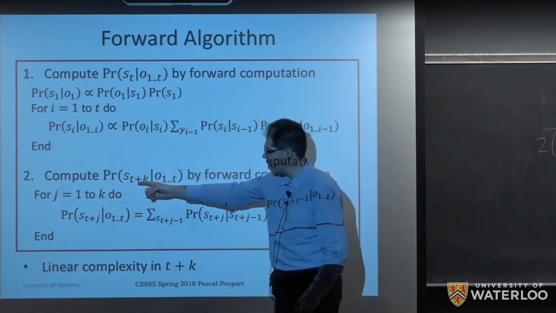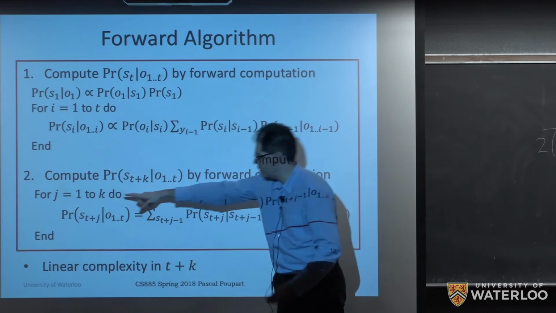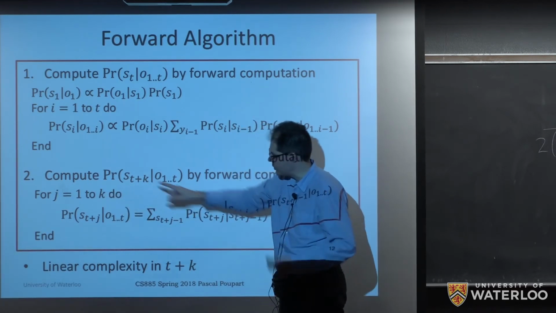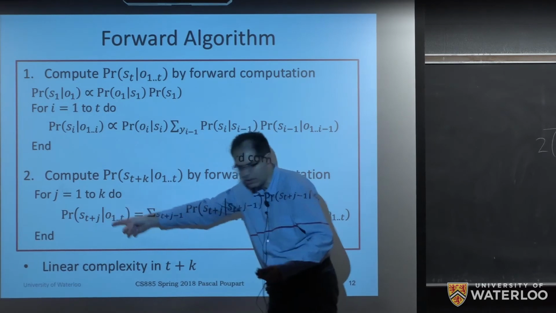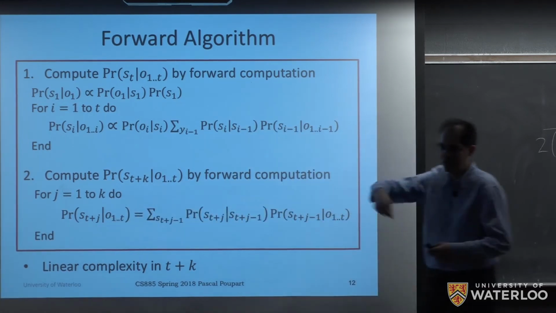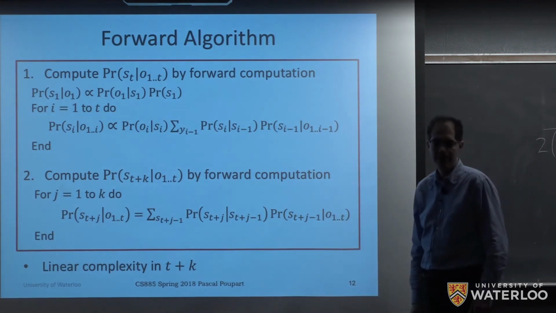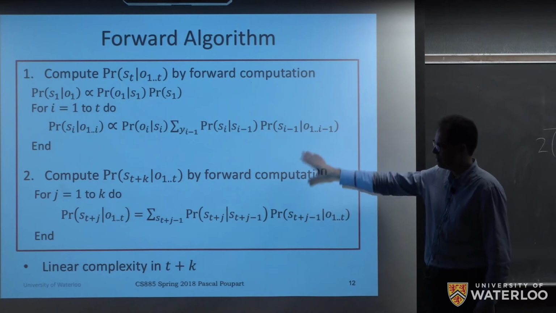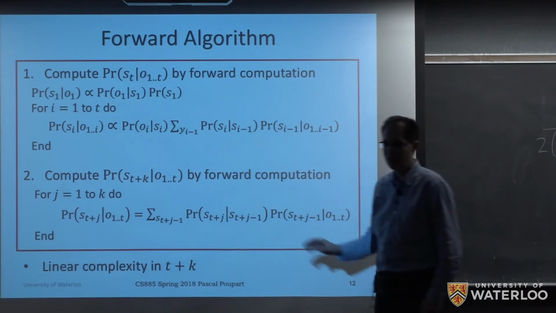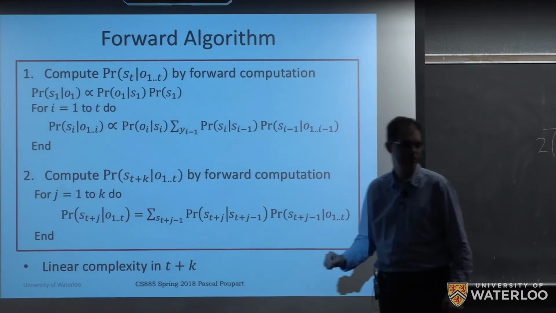So now we're going to increase j up until we reach k. So this will essentially correspond to making predictions about future states up until we reach a time step that we care about. Okay, so again, two simple algorithms. Any questions? Okay, good.